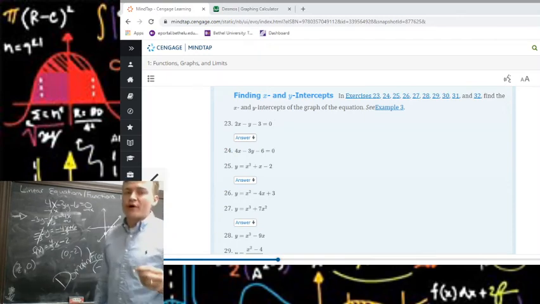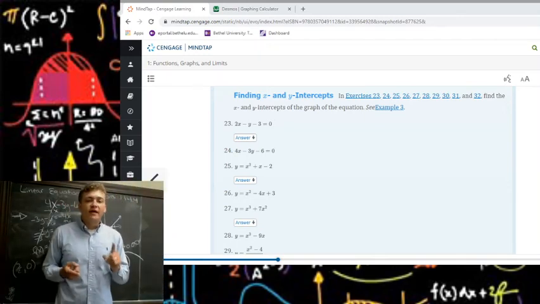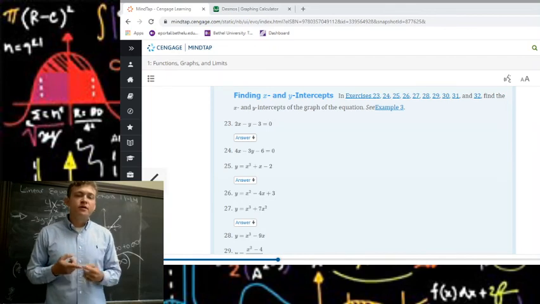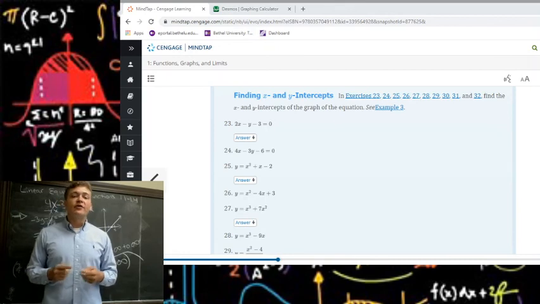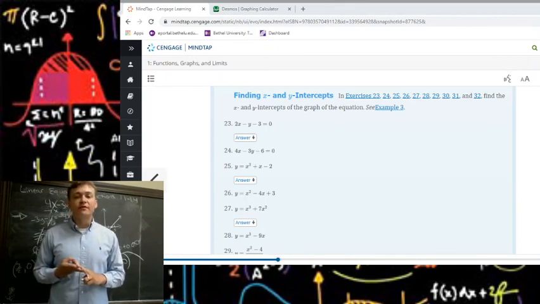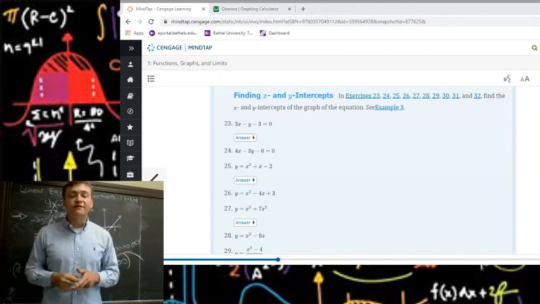This will start to break apart when we look at rational functions and radical functions, as well as piecewise functions. That's where this domain idea starts to fall apart, because there might be something called a discontinuity in the graph. There might be a hole in the graph. There might be an asymptote in the graph. And in general, there might just be a large gap due to the piecewise defined function.